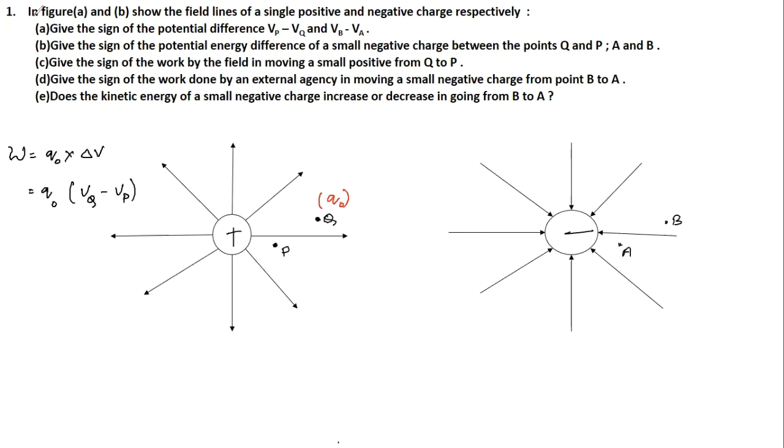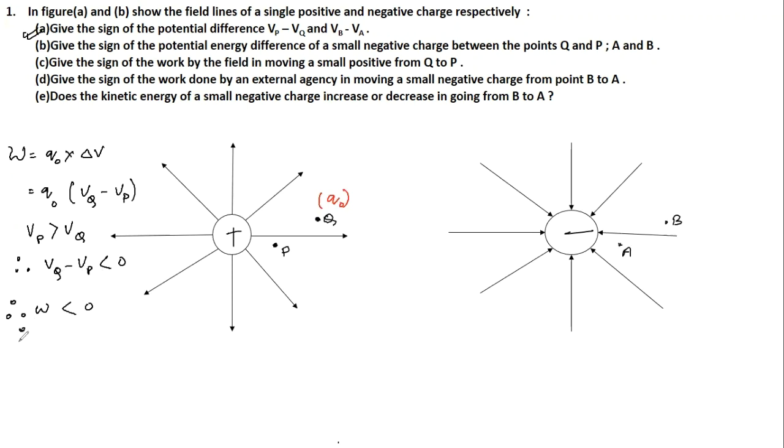Now, in the earlier point, let's say in point A, we have seen what the sign convention of potential at P and potential at Q should be. We have seen there that potential at P was greater than potential at Q. Therefore, this difference VQ minus VP is something negative. Since this potential difference is negative, this work is also going to be negative.